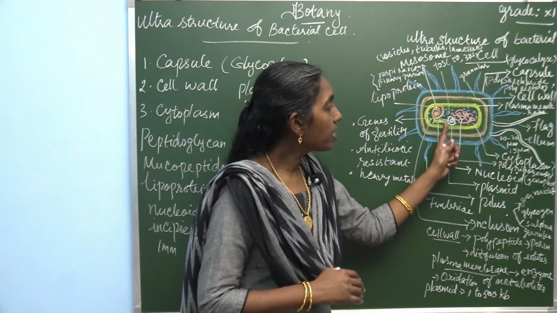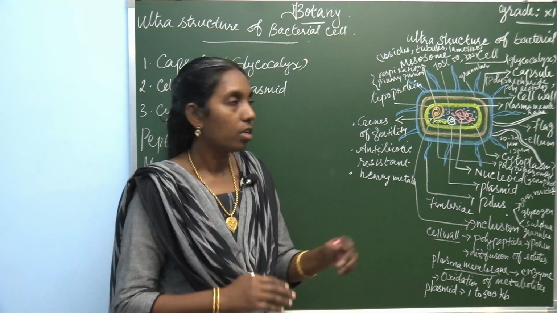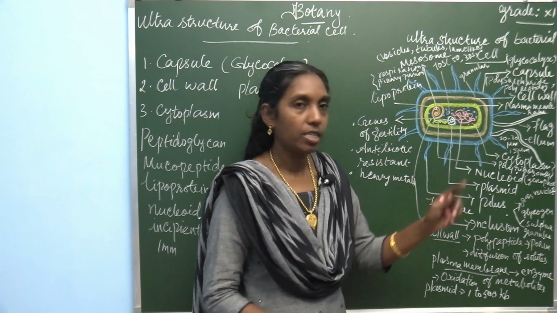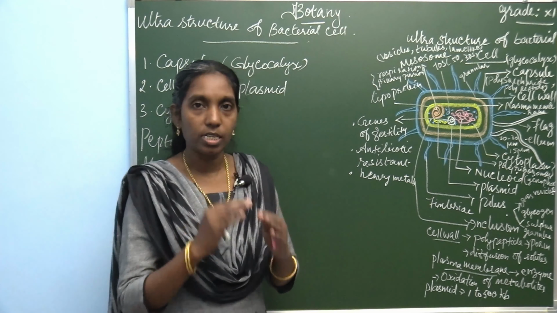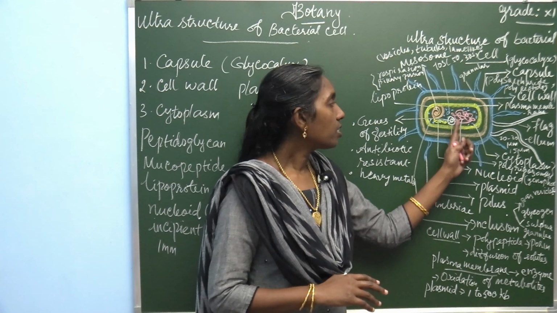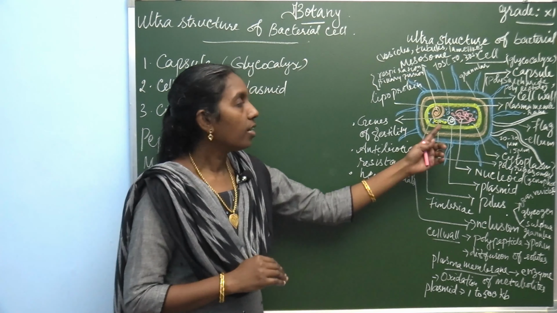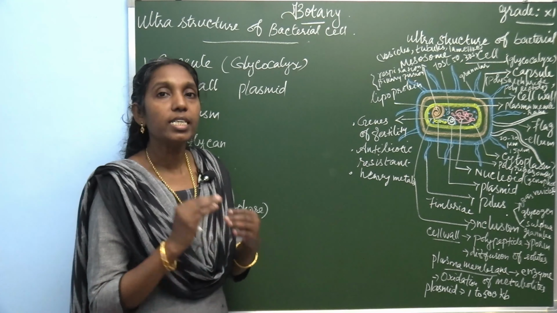This plasmid is an extrachromosomal, semi-autonomous, double stranded DNA, other than the common genetic material which is single stranded and highly coiled. It is a self-replicating autonomous element.